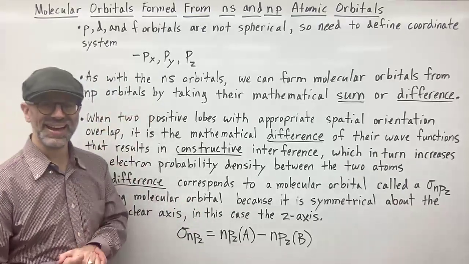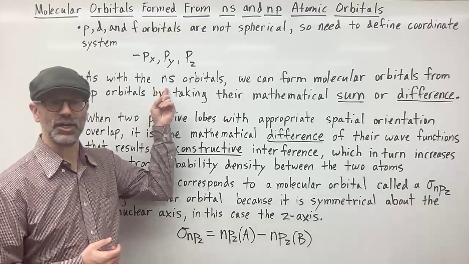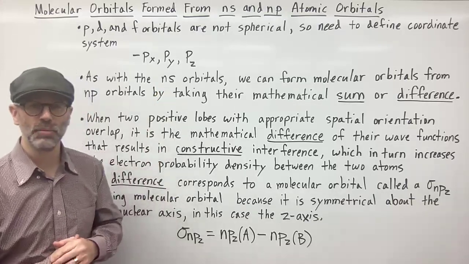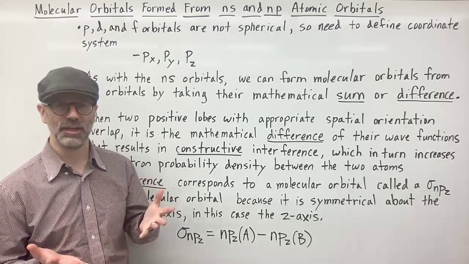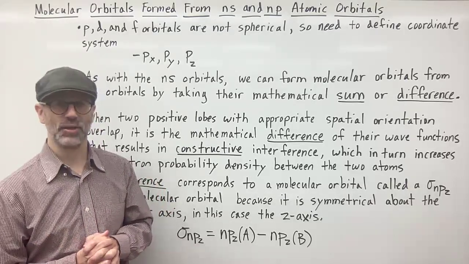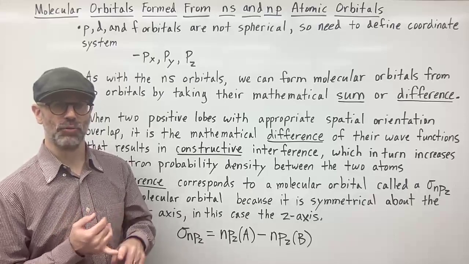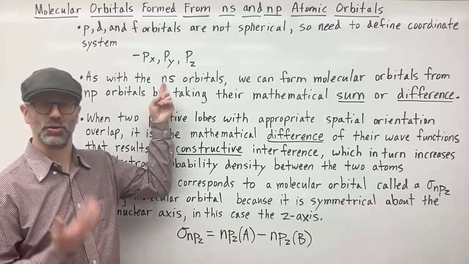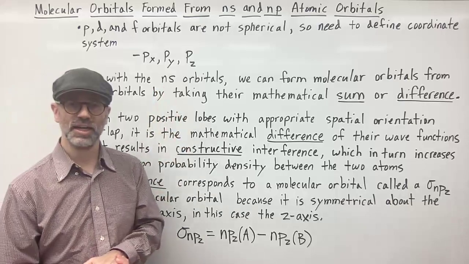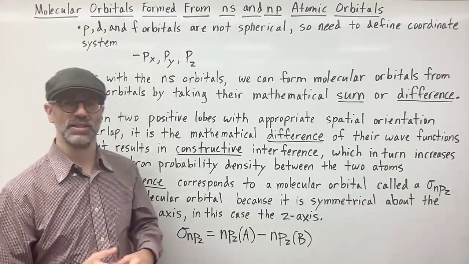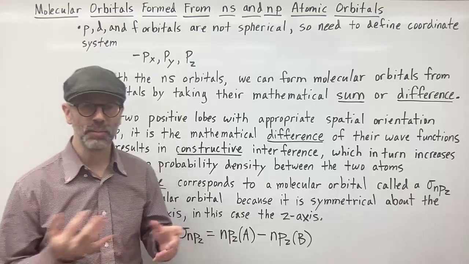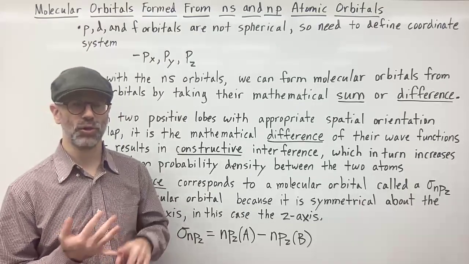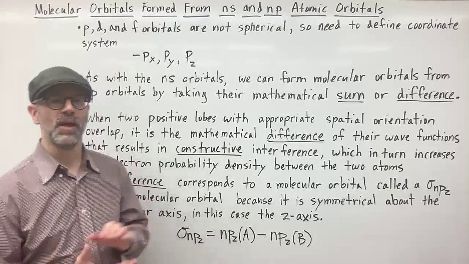As with the ns, remember that n here just refers to the principal energy quantum number, the 1, 2, what energy level the electrons are at. So that could be a 1 or a 2 or a 3. So you could have a 1s, a 2s, or a 3s. That's what the n stands for, and that's what it's going to stand for when we say np. So when we're referring to the p orbitals, it could be at an energy level 2 or 3 or 4 and so on.